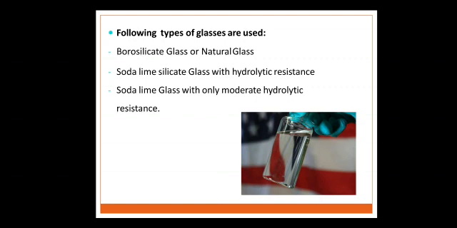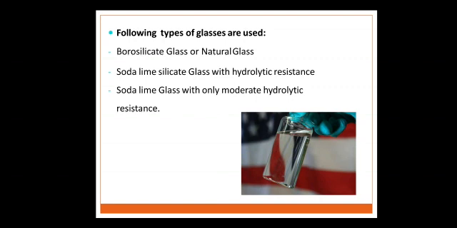The following types of glasses are used as containers and closures of parenteral products. First one is the borosilicate glass or neutral glass. Second one is the soda lime silicate glass with hydrolytic resistance.